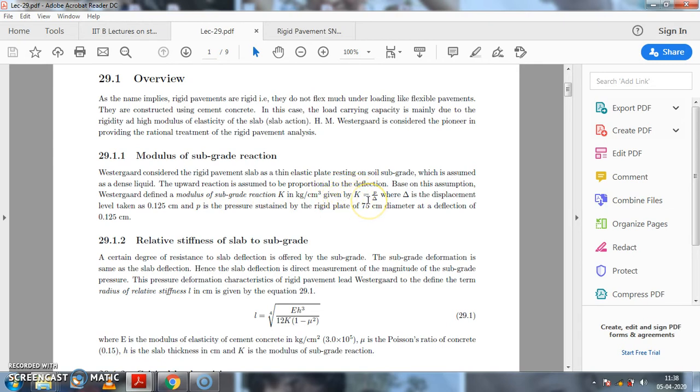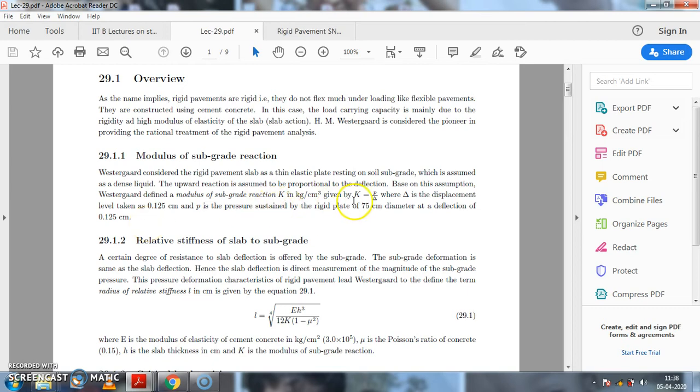And the numerical form of this K is equal to P by del. What is P? P is the pressure which is sustained by that rigid plate, or we can say the rigid slab. Okay, and del is the deflection. What deflection? That is our calculated deflection, 0.125 centimeter. So P is the pressure sustained by the rigid plate, and 0.125 centimeter is the deflection.